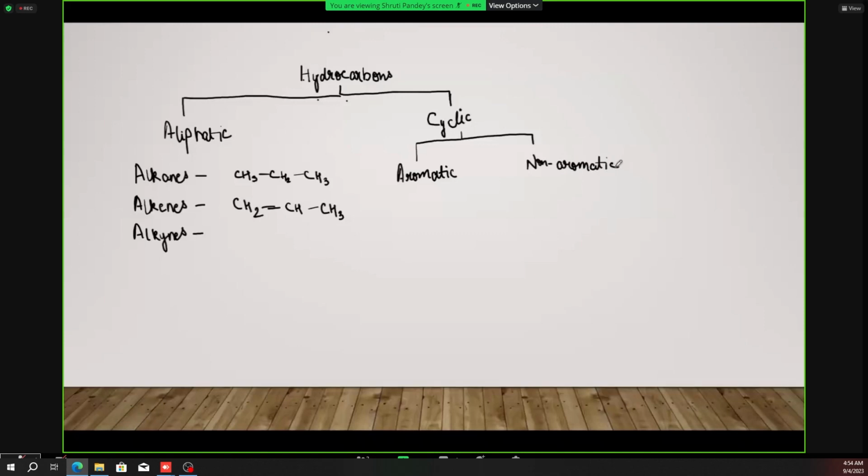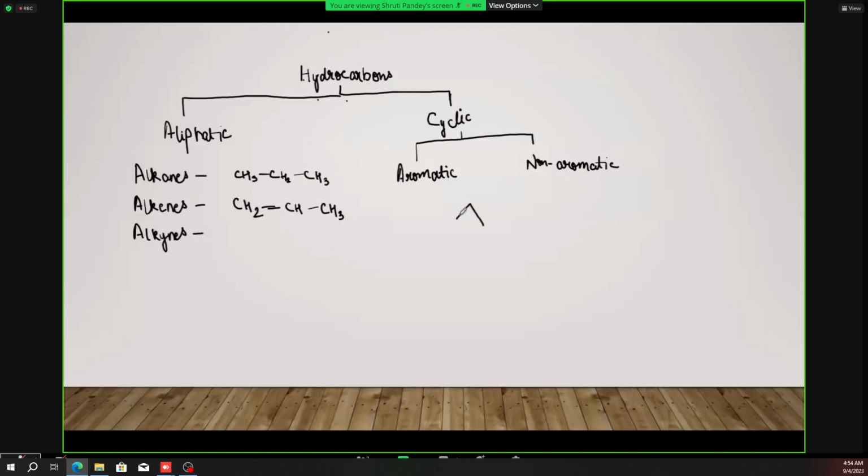We will talk about the requirements of aromaticity later on in this lecture itself. But first, let's talk about the cyclic hydrocarbons as a whole. Cyclic hydrocarbons are those where the chain in the aliphatic is closed up and forms a cyclic compound.